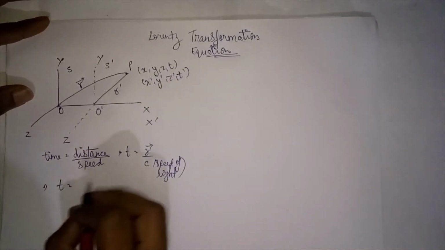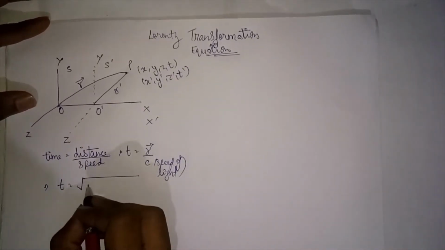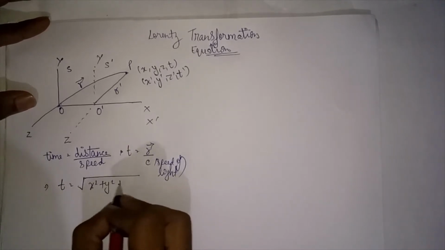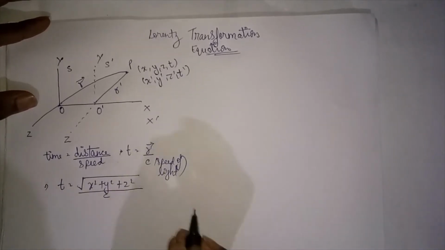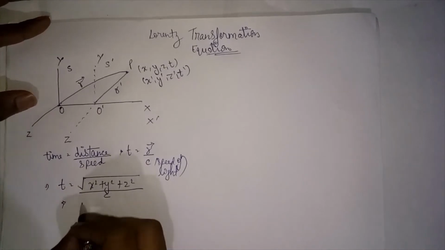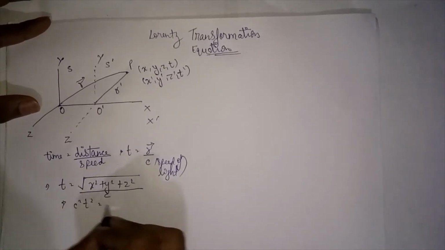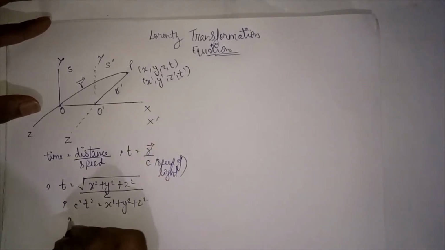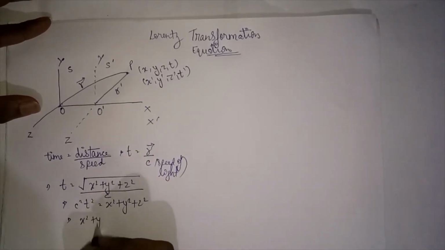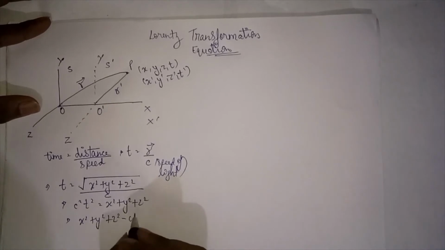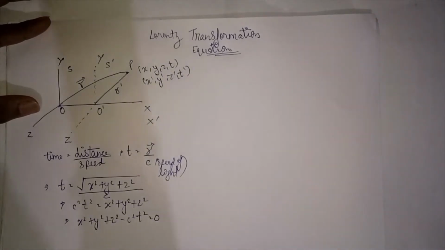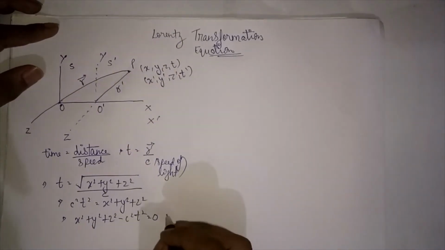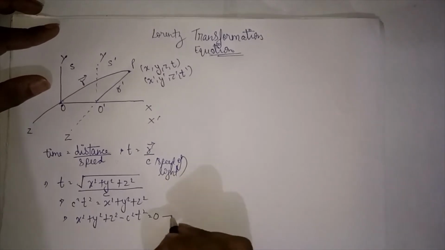This implies t equals under root x square plus y square plus z square upon c, which implies c square t square equals x square plus y square plus z square, which implies x square plus y square plus z square minus c square t square equals 0. And this is our equation number 1.